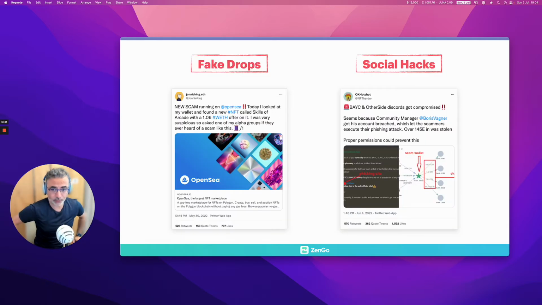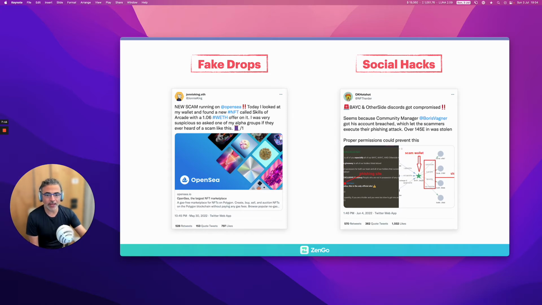So here are a few examples of things that have happened in the past. I just took a few examples, but I couldn't find many more. Fake drops, right? You're receiving a fake NFT in your wallet. You're seeing it on a marketplace like OpenSea. You think it's okay, and by interacting with it, you basically trigger the permission that has allowed the attacker to empty your wallet.